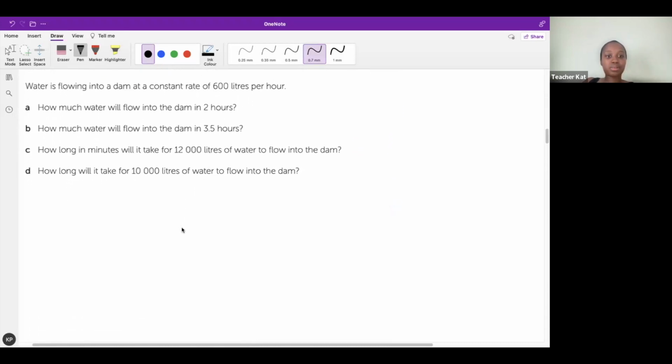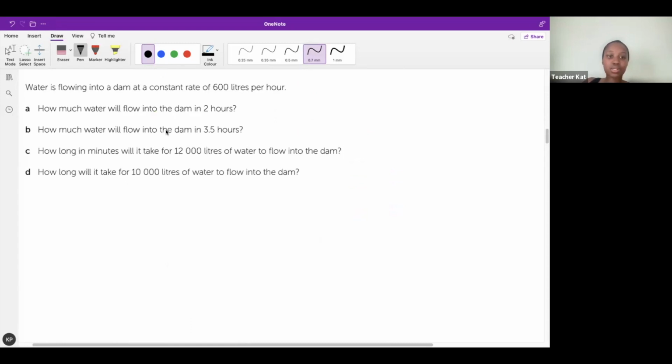Okay, similar question here. Water is flowing into a dam at a constant rate of 600 liters per hour. So my rate here is 600 liters per hour. Number A, how much water will flow into the dam in 2 hours? Are we dividing or are we multiplying?